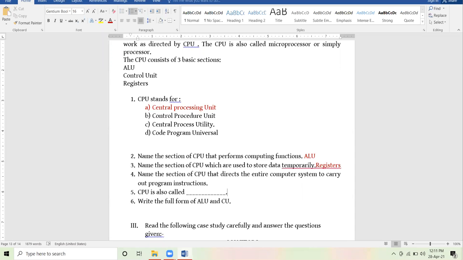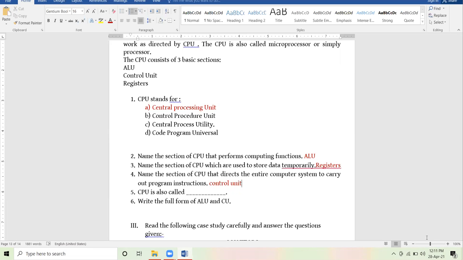Yes, Japji. Control unit. Control unit is the section of CPU that directs the entire computer system to carry out the program instructions. Very right, very good. All right.